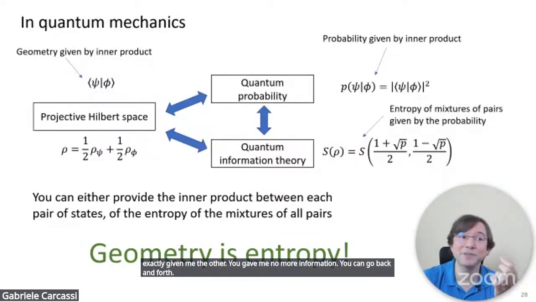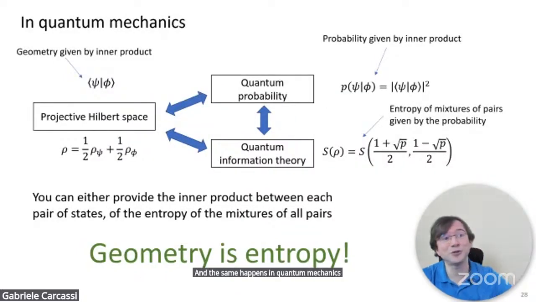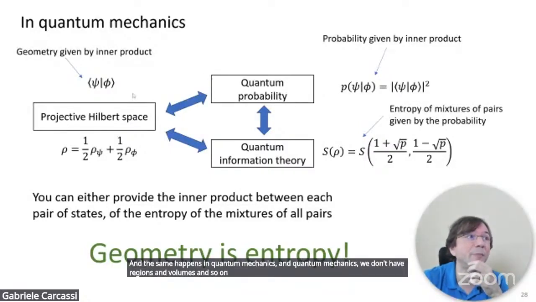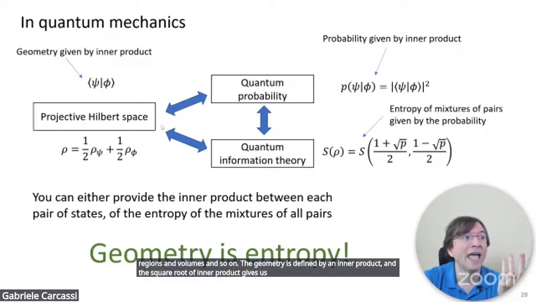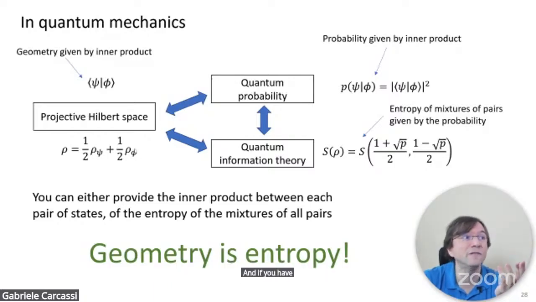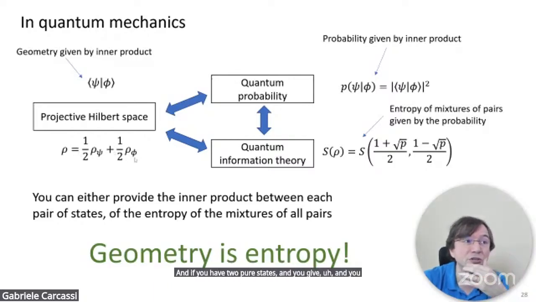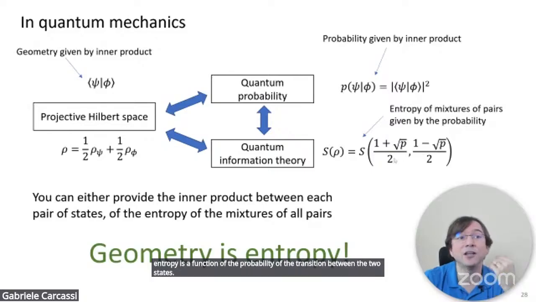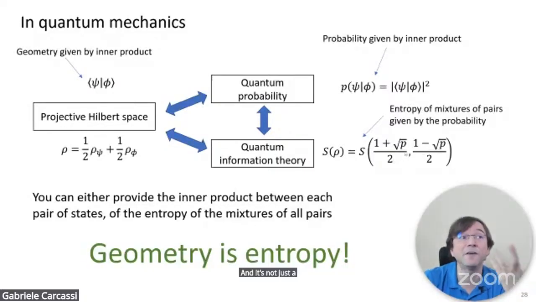And the same happens in quantum mechanics. In quantum mechanics, we don't have regions and volumes and so on. The geometry is defined by an inner product, and the square of the inner product gives us probability. And if you have two pure states, and you prepare unequal mixtures of those two pure states, and you look at the entropy, then the entropy is a function of the probability of the transition between the two states. And it's not just a function of those, it's an invertible function.